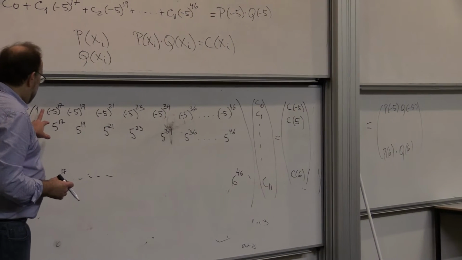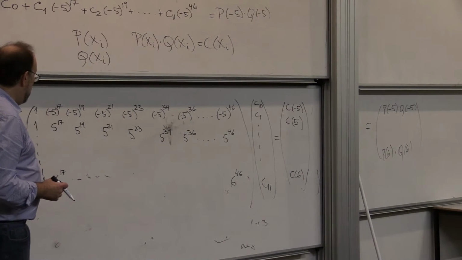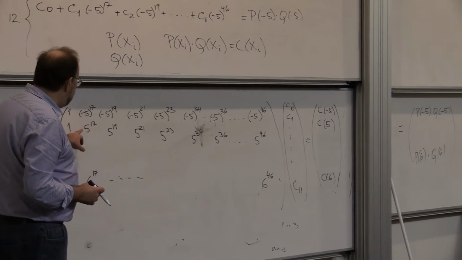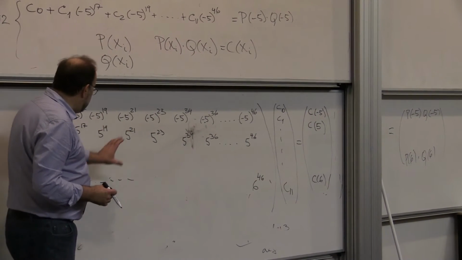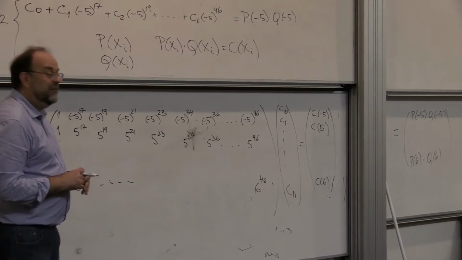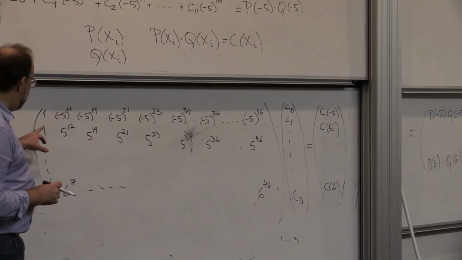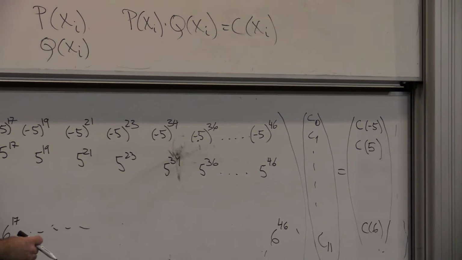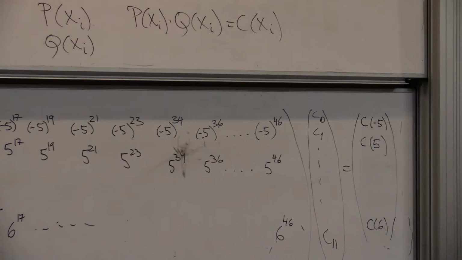Why is this? It's easy to see what happens if I subtract the corresponding pairs. What happens if I multiply this row by minus 1 and add it to that row?